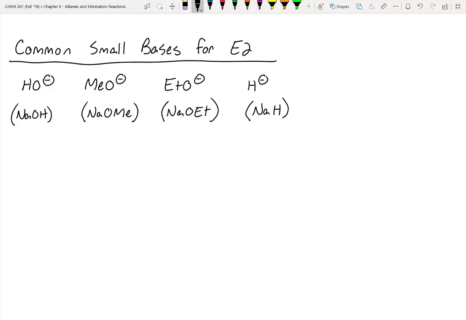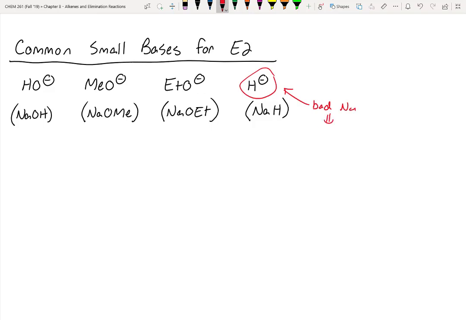All right, this one's a little bit more complicated. Can any of these do substitution chemistry? Which ones? Why not the last one? It's insoluble, right? So this one's a bad nucleophile.